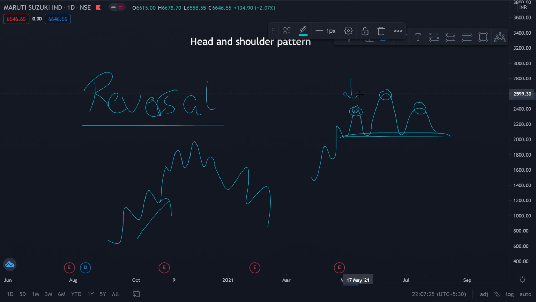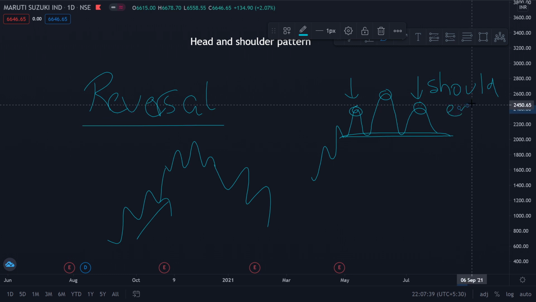The two highs which are lower than the middle one are called the shoulders, and the highest point is called the head. This is why it's called a head and shoulders pattern.